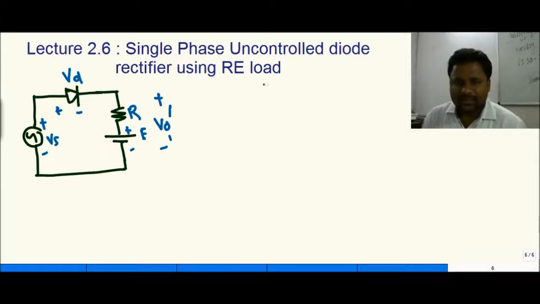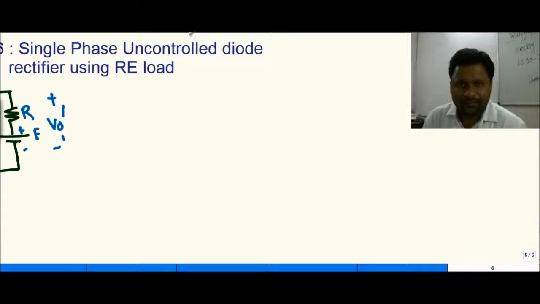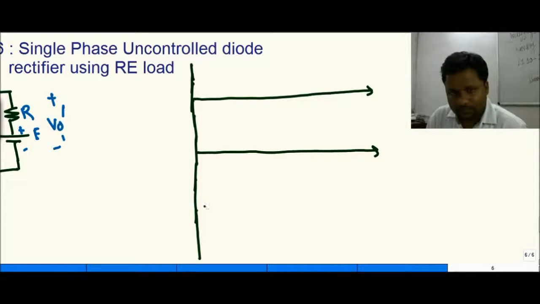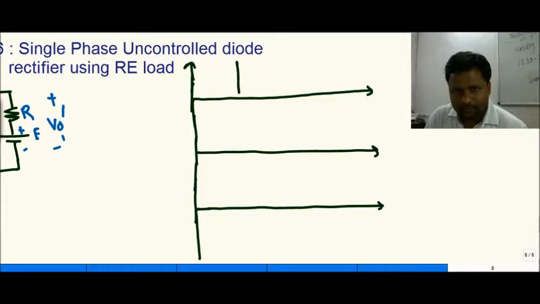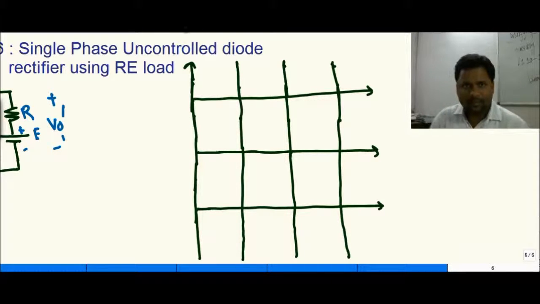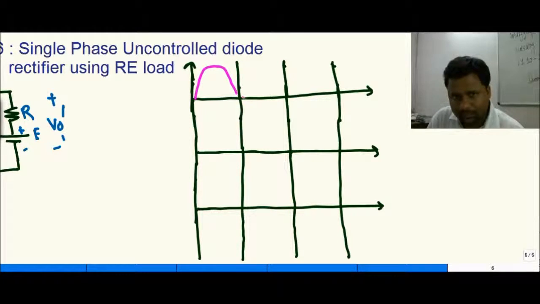Now, this can be understood by drawing the waveform of it. This is the source voltage.